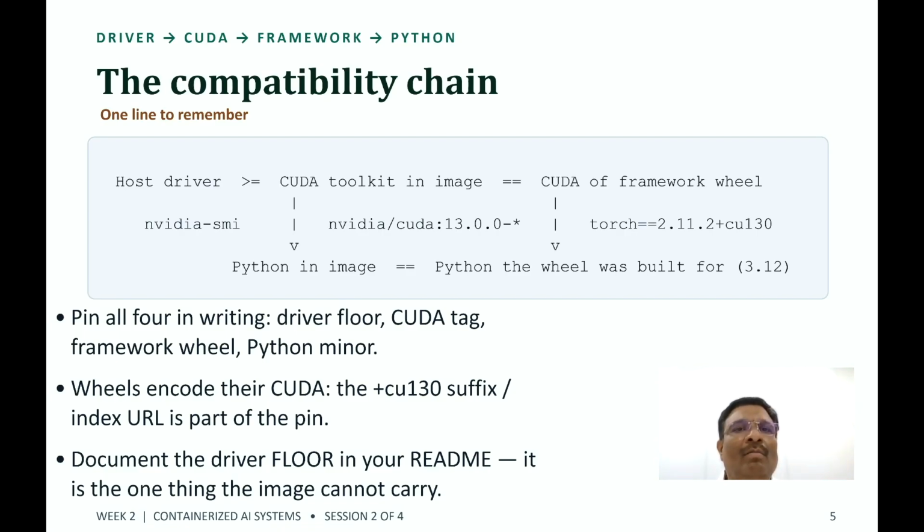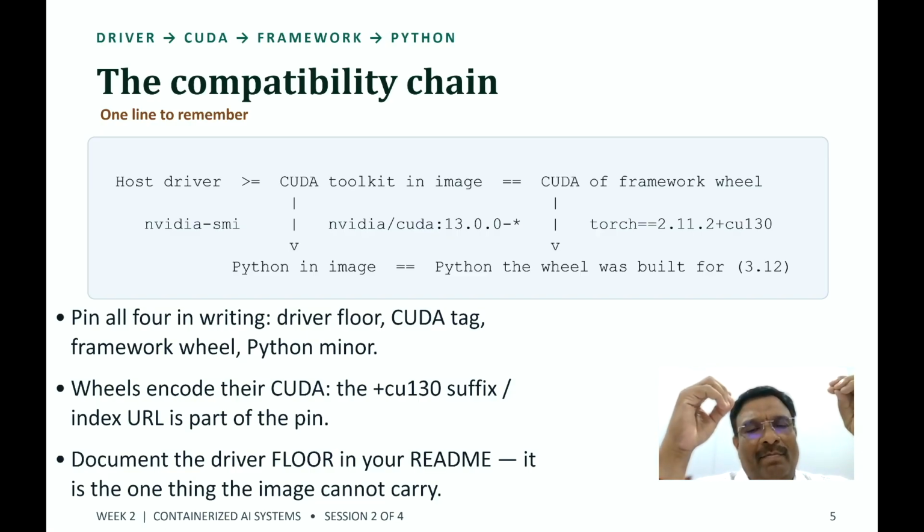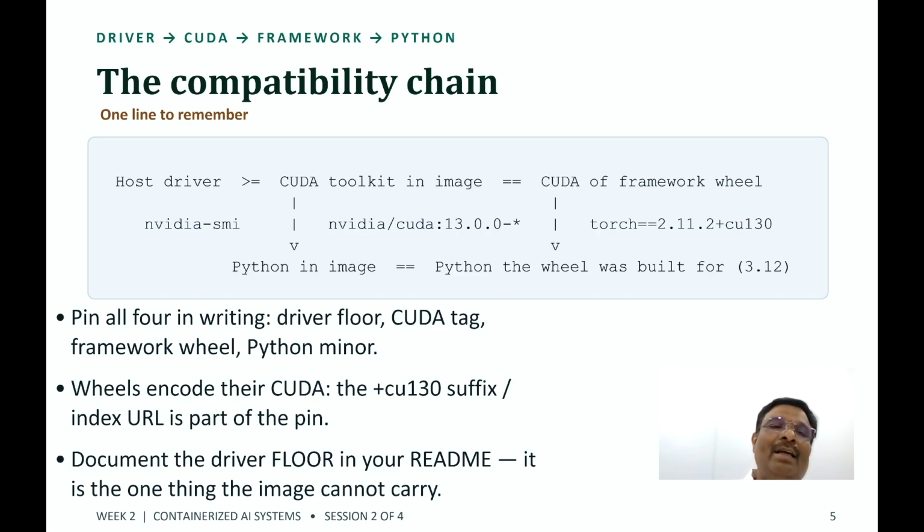Now let us try to understand the compatibility chain. You have the host driver, the CUDA toolkit in the image, and then the CUDA framework wheel. And you have the Python version, and that Python will have a wheel which was built for, let us say, 3.12. So you have got three or four things to be aligned, right?